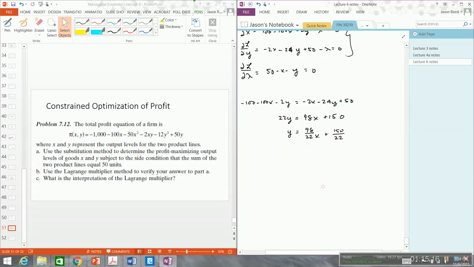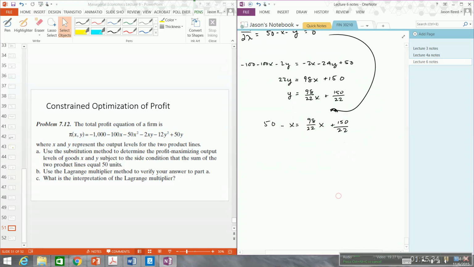Now what we're left with is our last constraint. So now we have 50 minus x is equal to 98 over 22 x plus 150 divided by 22.